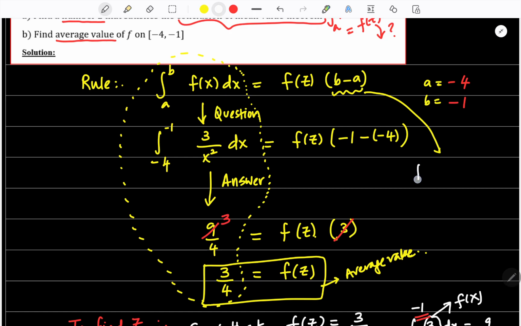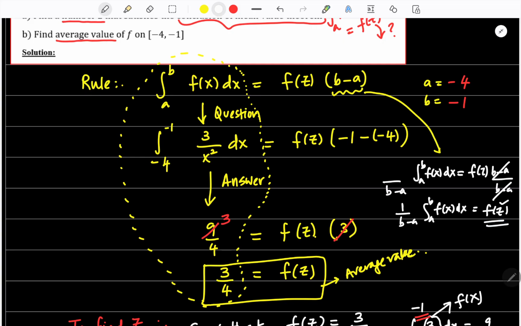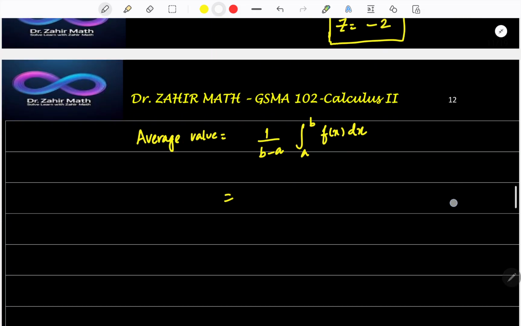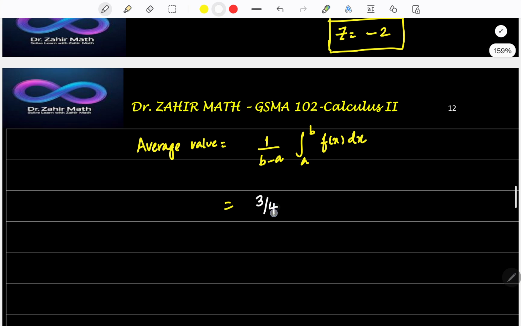Integral a to b f of x dx is equal to f of z times b minus a. I divide by b minus a on both sides, and it gets cancelled. So 1 divided by b minus a integral a to b f of x dx is equal to f of z. So this is the average value. So directly you can write after the formula, average value is equal to 3 by 4.